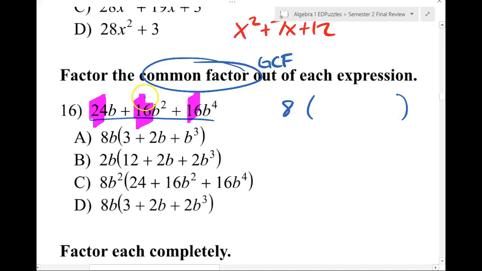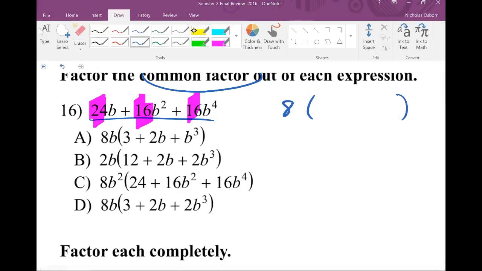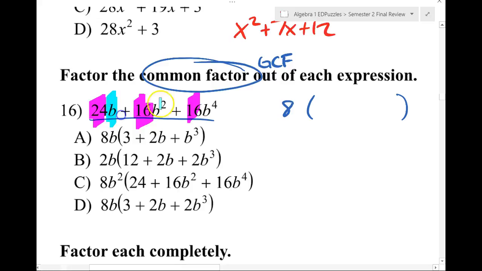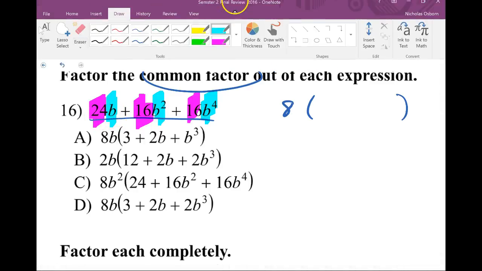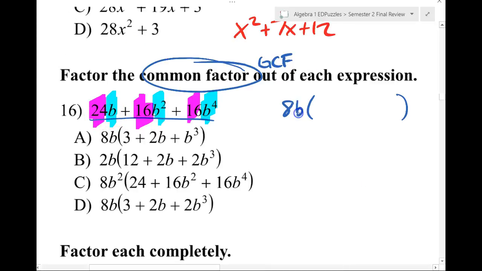Okay, so now the next thing you look at is the variables. What's in common with the variables? They all have at least one b. And really it's determined by the term that has the least amount of b's. Okay, so that would be the first one here. So that means I can just take out one b. Now before I go any further, let's look at our choices. Well then that means it's not B, because that has a 2b as your GCF.